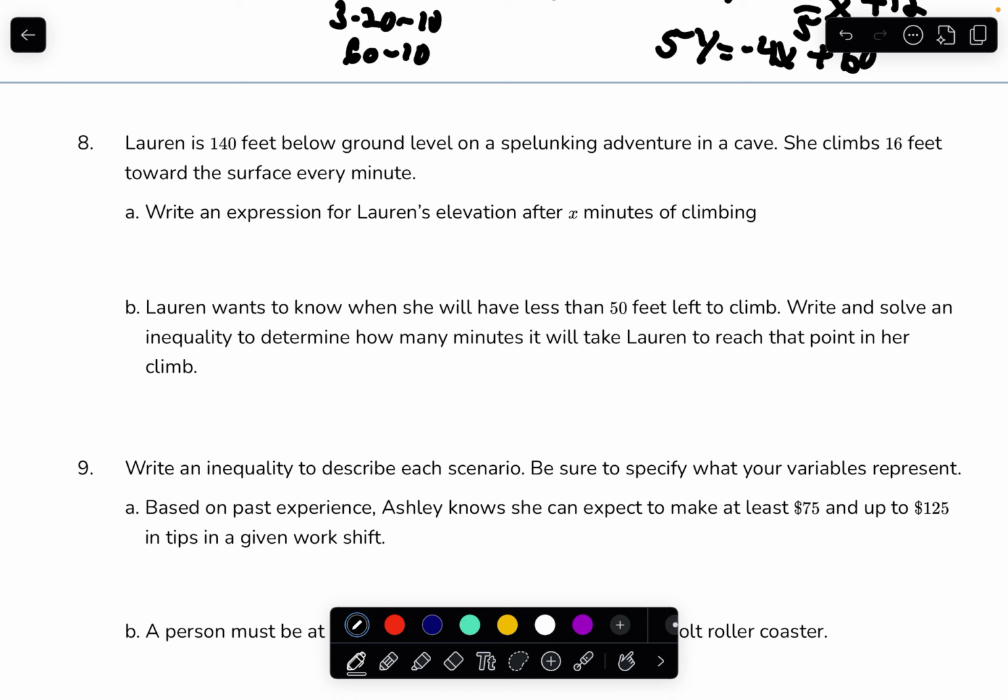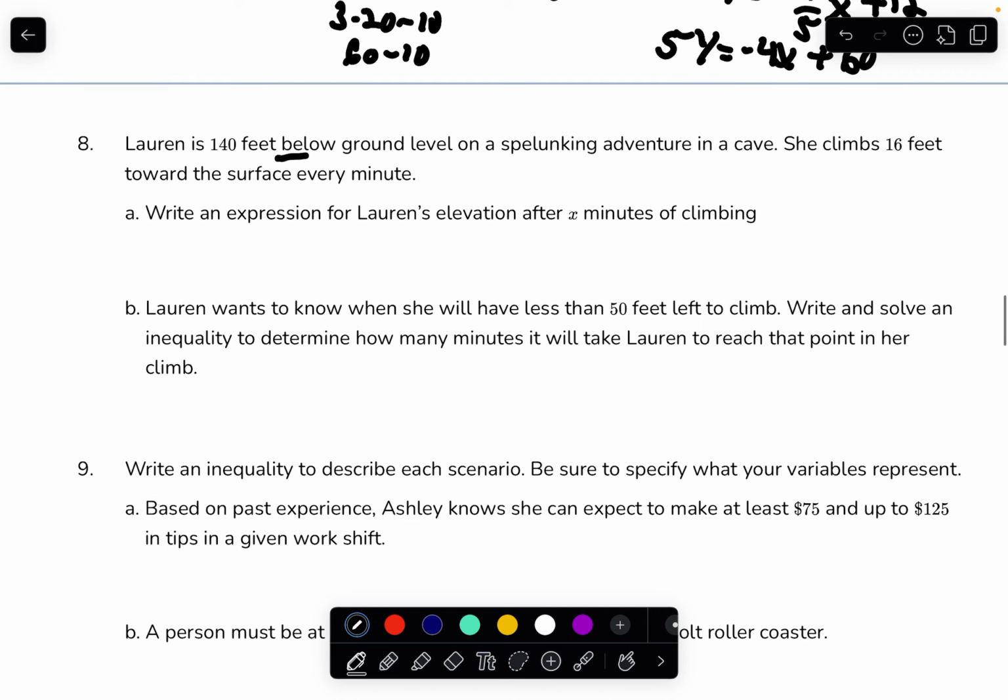Lauren is 140 feet below ground level on a spelunking adventure in a cave. She climbs 16 feet toward the surface every minute. So her rate, which is M, is 16, and it's positive feet per minute because she's going up. Write an expression for Lauren's elevation.